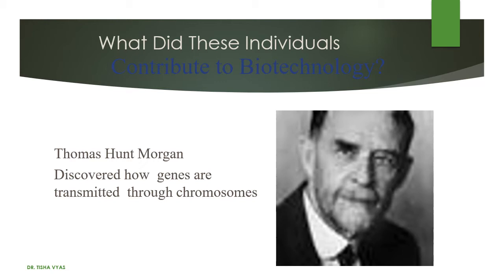Following the rediscovery of Mendelian inheritance in 1900, Morgan began to study the genetic characteristics of the fruit fly Drosophila. In his famous fly room at Columbia University, Morgan demonstrated that genes are carried on chromosomes and are the mechanical basis of heredity.